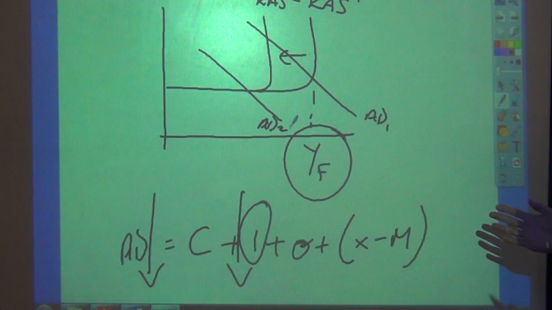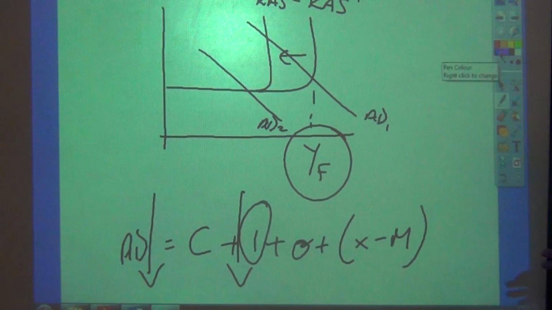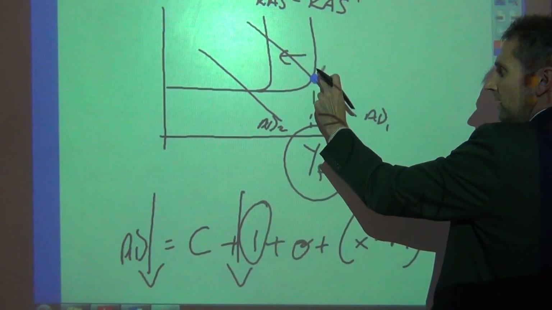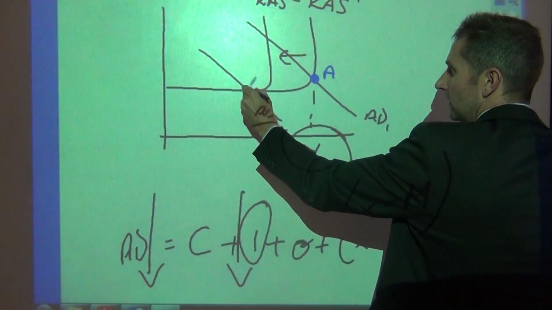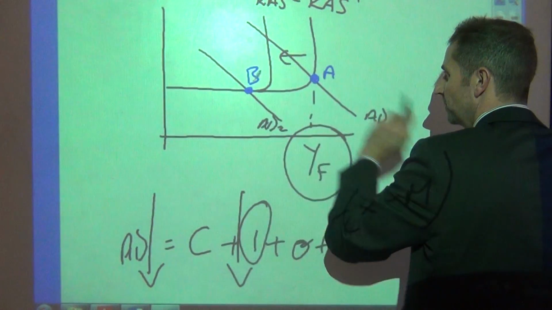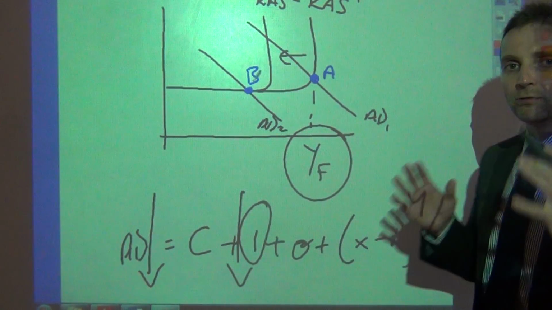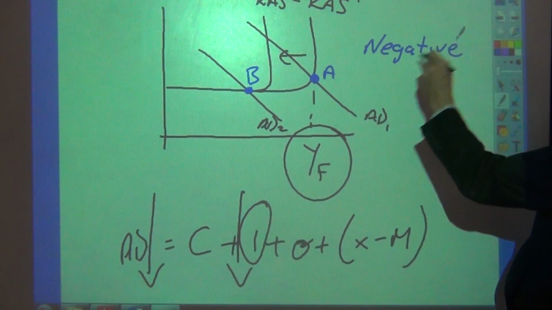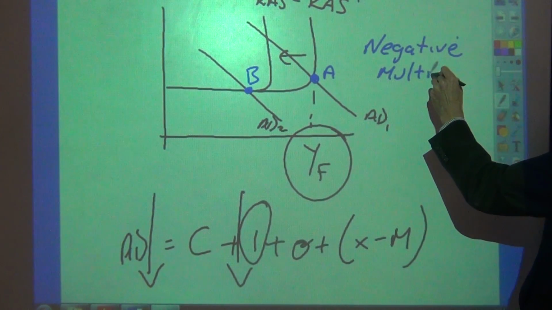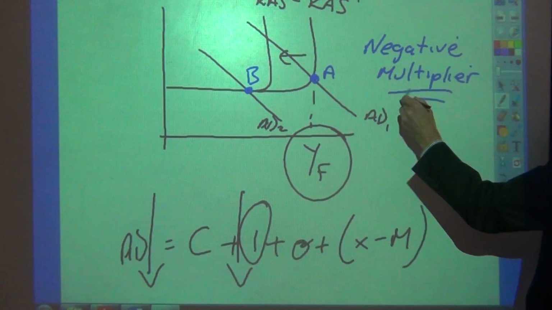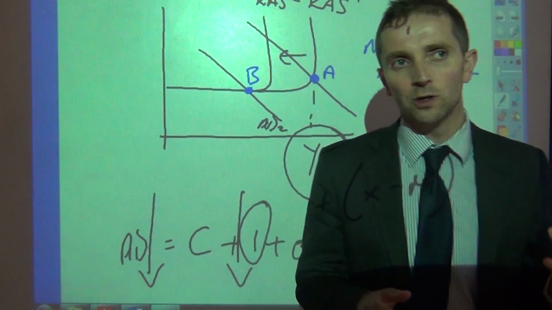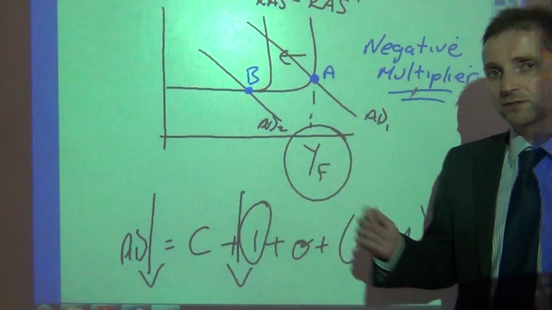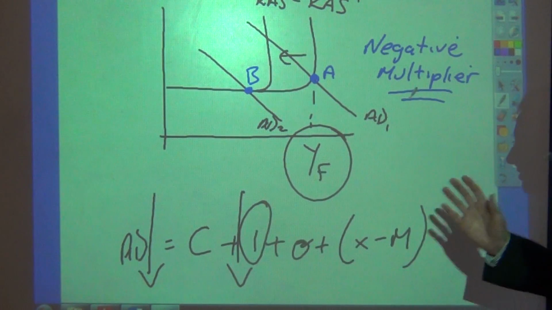I think it's important, ladies and gentlemen, that in your answers, when you're explaining your diagrams like this and you're explaining how we might end up moving from initial equilibrium here at point A to final equilibrium here at point B, don't forget to include reference to the negative multiplier. I think it's important that you illustrate and demonstrate to the examiner that you acknowledge, understand and know that the multiplier not only works in an upwards positive direction, but it also works in a downwards direction.